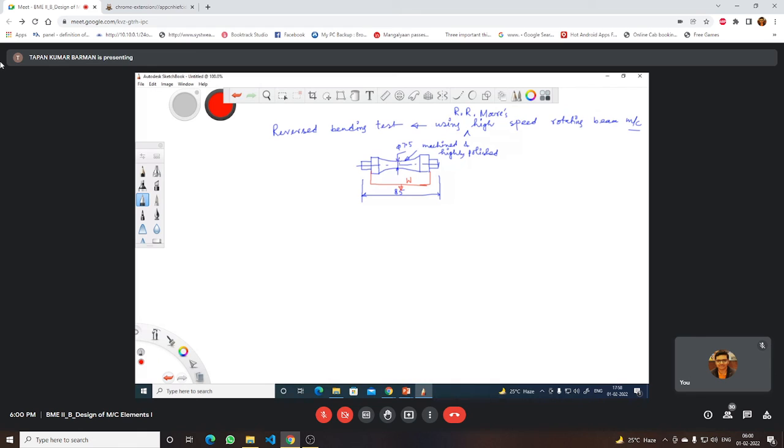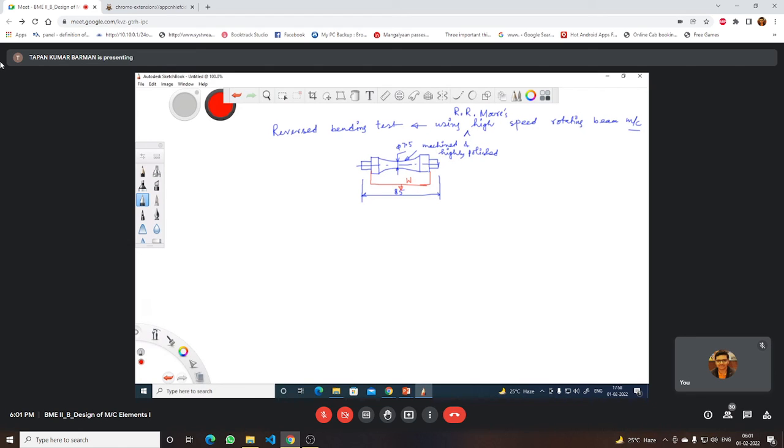So we apply the load so that we get only pure bending in the specimen, and the bending moment is constant throughout the length of the specimen. Now we rotate this specimen up to its fracture, up to the failure.